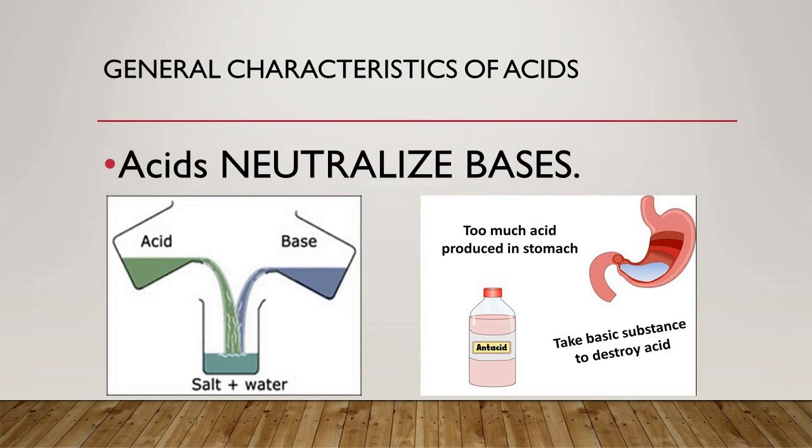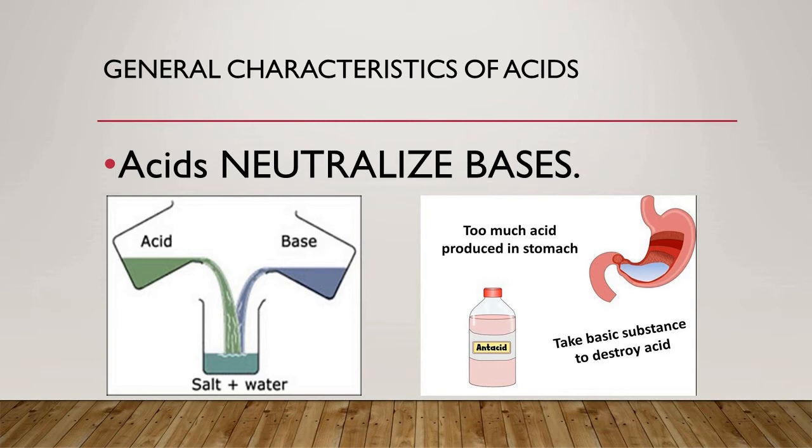The base controls the acidity or decreases the acidity of the liquid, or the acid also controls or neutralizes the basicity of another liquid. That's why if we mix them together, they are both neutralized.